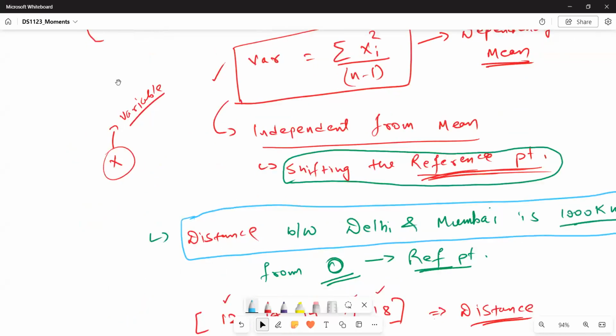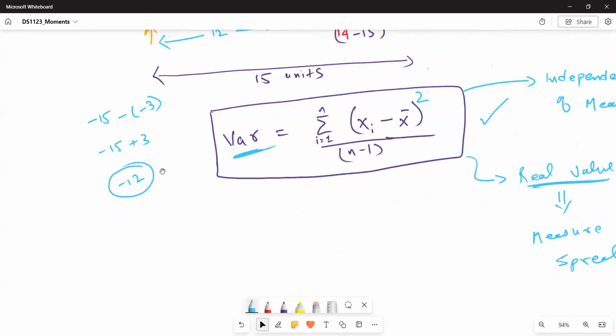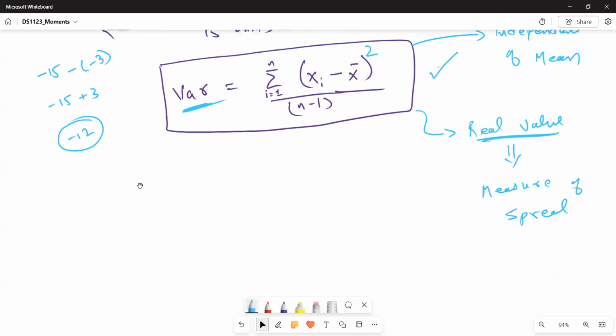So what we'll do here is take the square root of the variance that we have calculated. And here we get a new statistic called standard deviation.